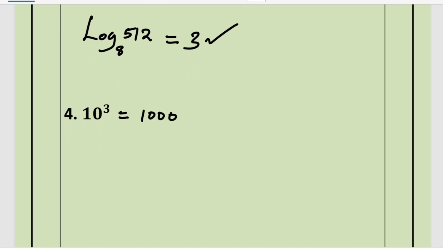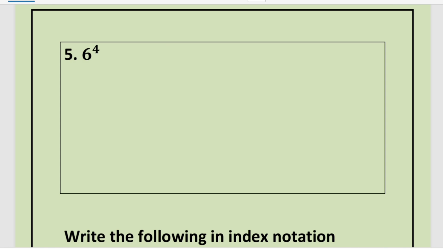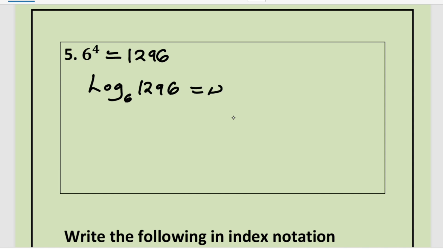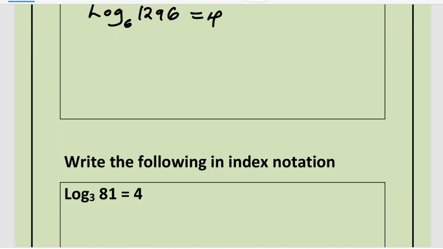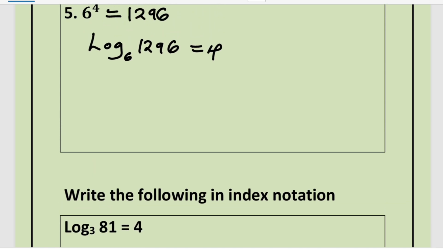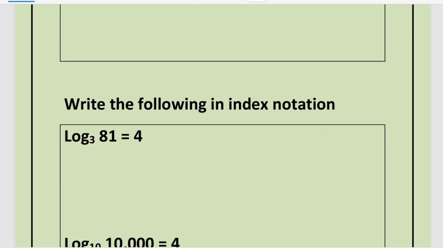Then in logarithmic notation will be log 1000 to base 10 is equal to 3. 6 raised to power 4 is 1296. So this will be log to base 6 of 1296 is equal to 4. I want to believe that you have understood how to write from index notation to logarithmic notation.